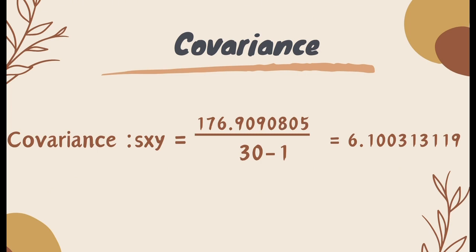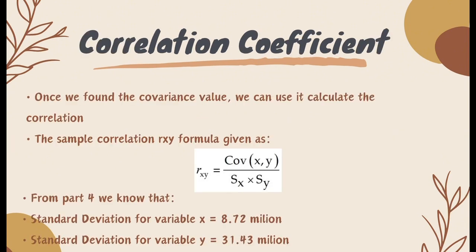So we get the answer 6.1003. After we multiply all the variables x and y and divide the total, we got our covariance, which is 6.1003131119.